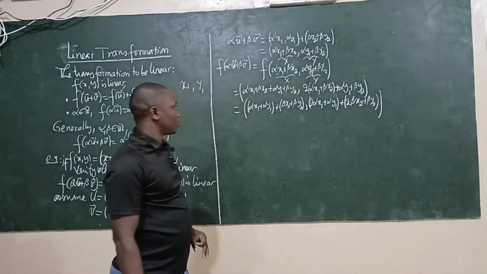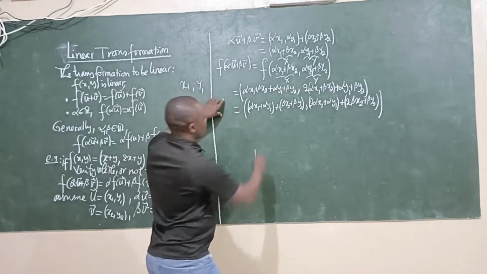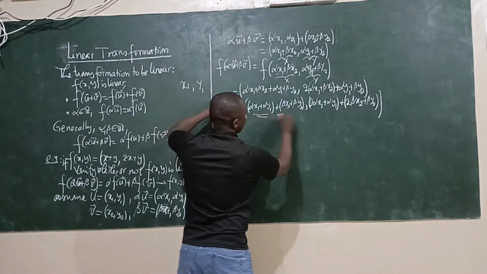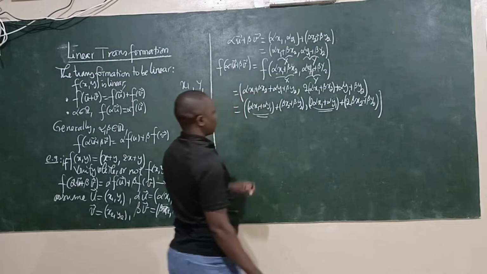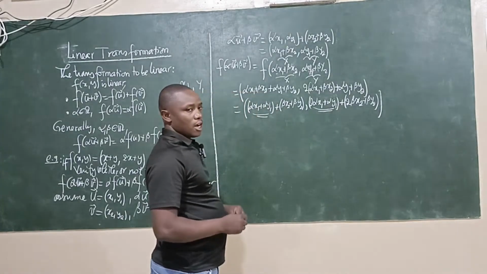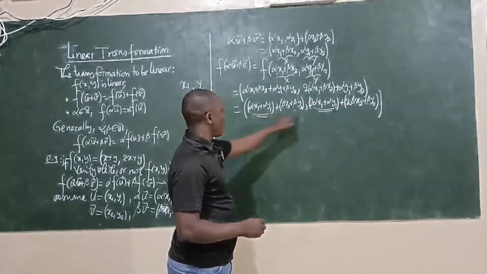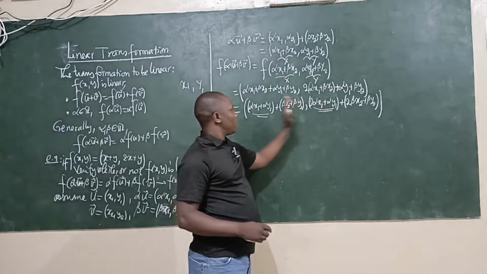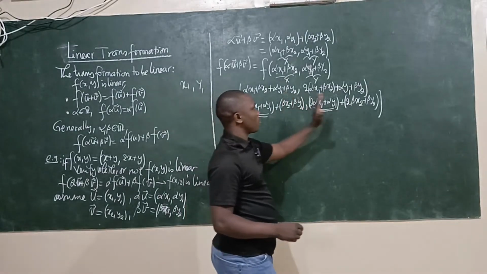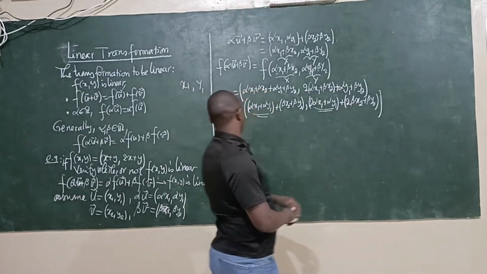So I'm going to have this, comma, this. The first one, comma the first one, plus the second one, comma the second one.